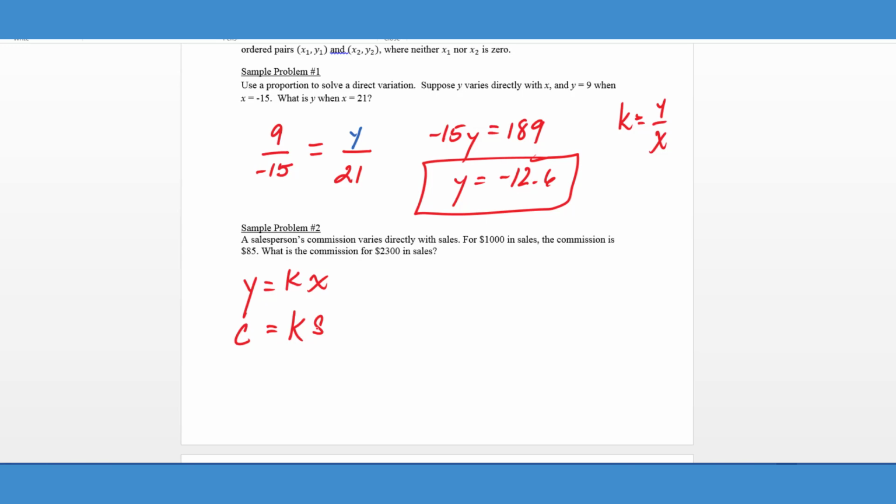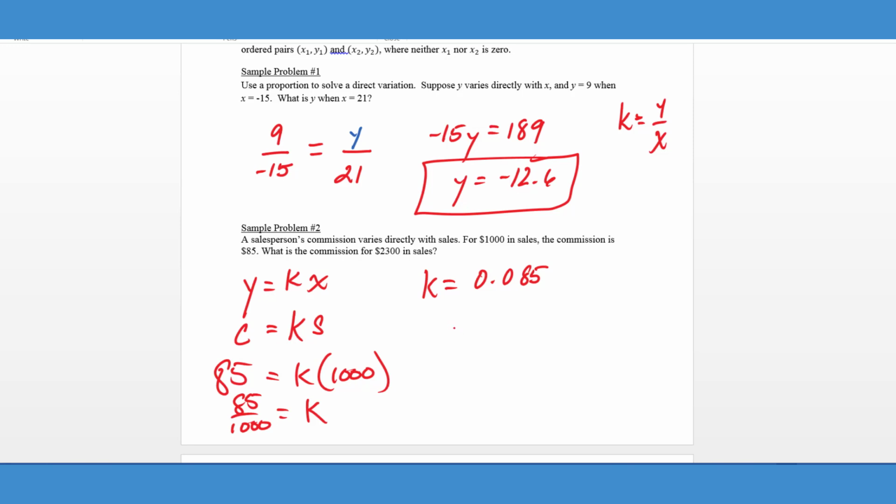So for $1,000 in sales, we have $85 in commissions. So our K here is going to equal 85 over 1,000, or if we want to break that down, that's 0.085. Now what we can do, it says, what is the commission for $2,300 in sales?